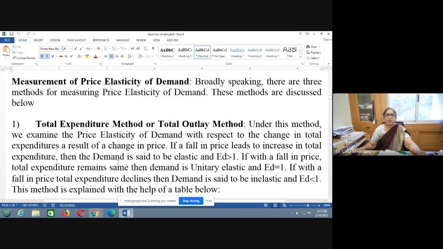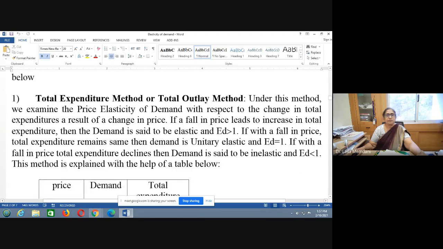The first is the total expenditure method. This is also called the total outlay method. In this method, we examine the total expenditure of the consumer as a result of a change in price. If a fall in price leads to an increase in expenditure on that product, then the demand is said to be elastic, or elasticity of demand, normally denoted by ED, is greater than 1.